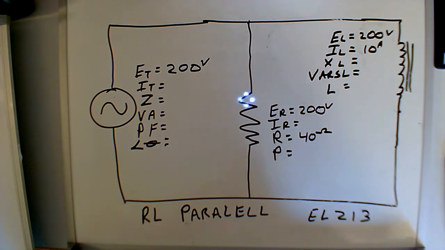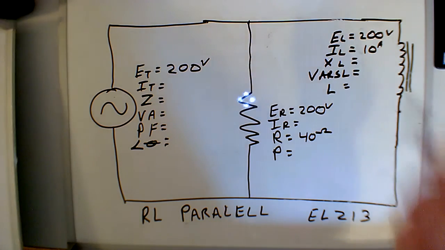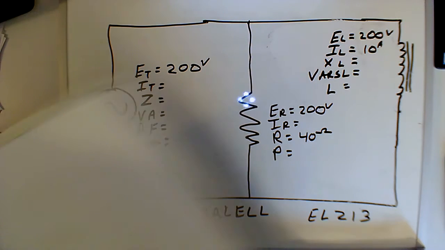So let's get started. In the inductor case, I know I have 200 volts and 10 amps, so therefore I can figure out what the inductive reactance is, and that would be XL. What is the inductive reactance?